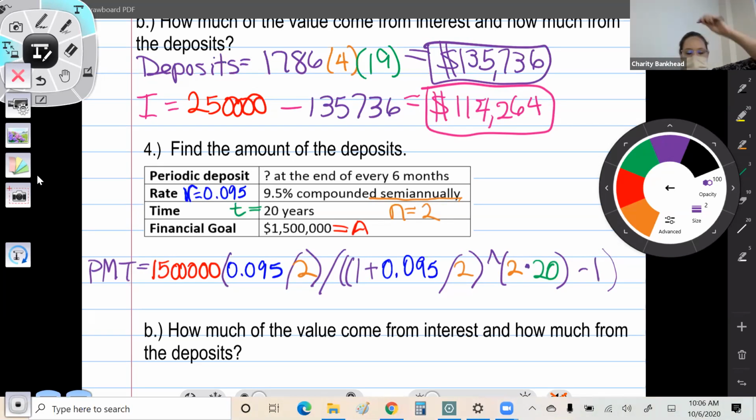So let's round it up to the next dollar. So that would be $13,196.